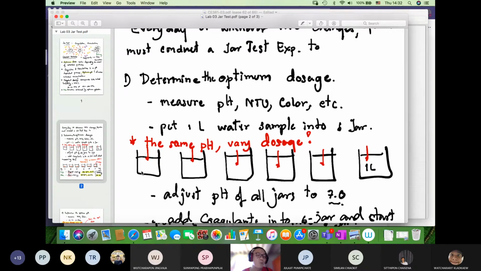It could be 1 ml of the stock solution, aluminum chloride, or 1 ml of ferric chloride, with a concentration of 10 grams per liter. Okay, so we keep all other parameters constant and only vary the dosage.